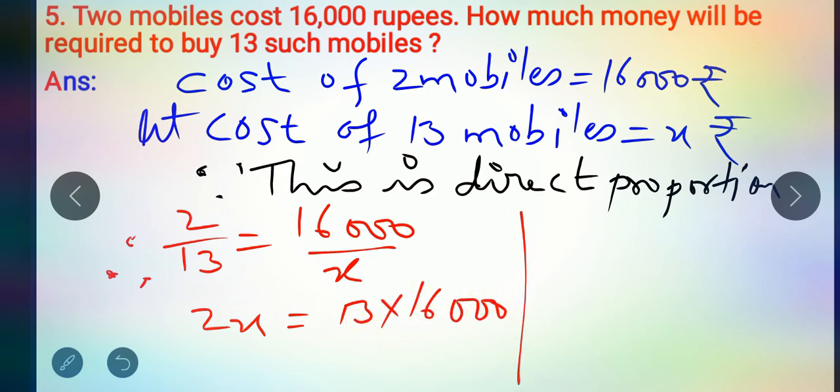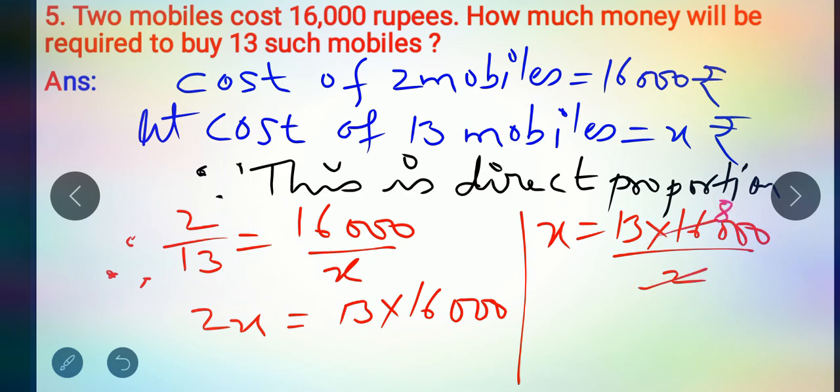Now here what I'll do, I'll change the side of 2. It will become x is equal to 13 into 16,000 upon 2. Students, 2 eights are 16, so it will become 8,000. 8,000 into 13 you will multiply, students, and you will get the answer.